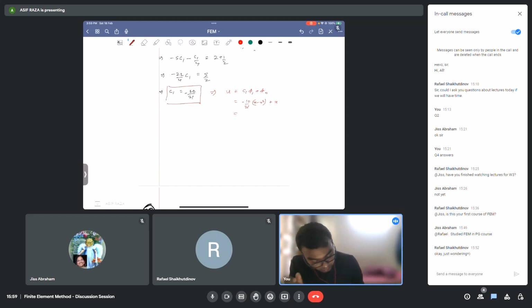This gives me minus 10 by 21 x plus 10 by 21 x square plus x. So this is 10 by 21 x square, and 21 minus 10, that is 11 by 21 x.